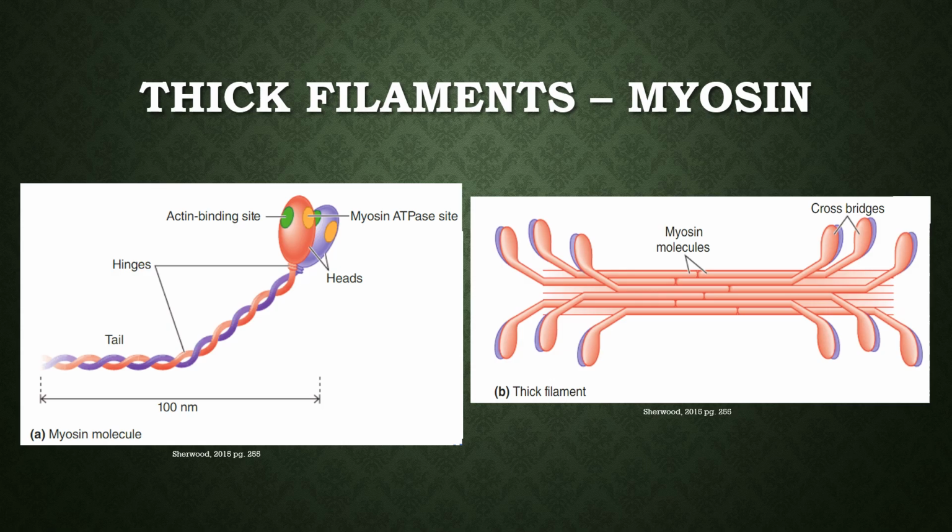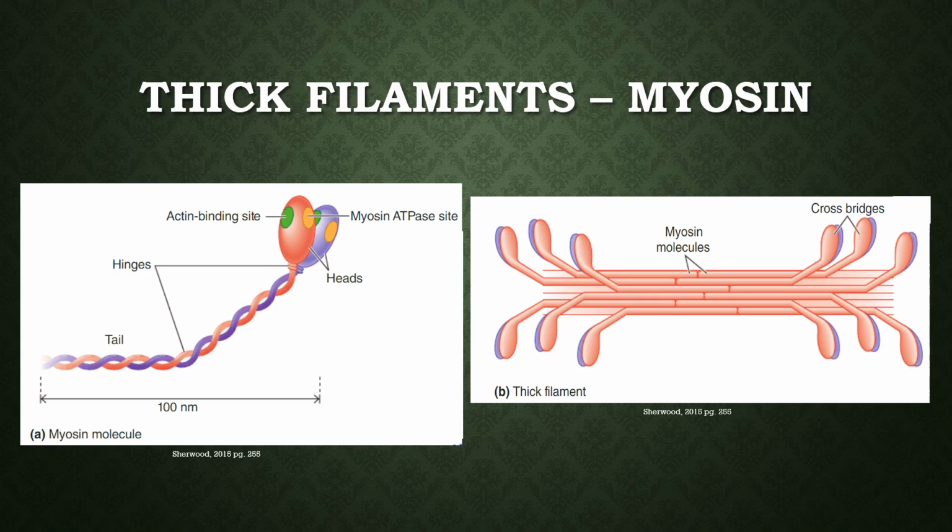Each cross bridge has two essential sites for the contractile process. This is known as the actin binding site and the myosin ATPase site. Each myosin subunit has two hinge points, one along the tail and the other at the junction of the tail with the head.